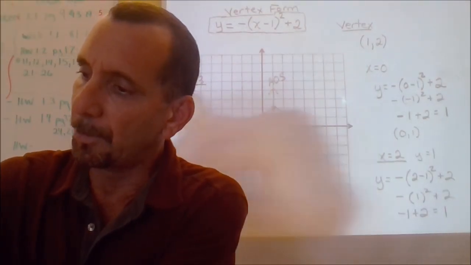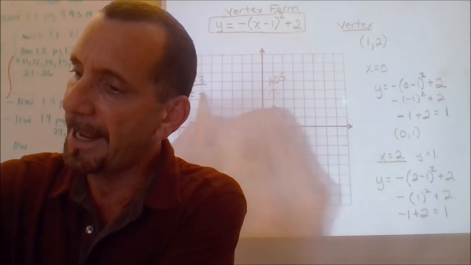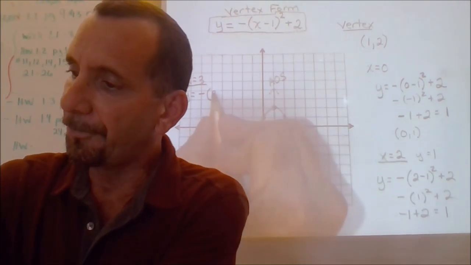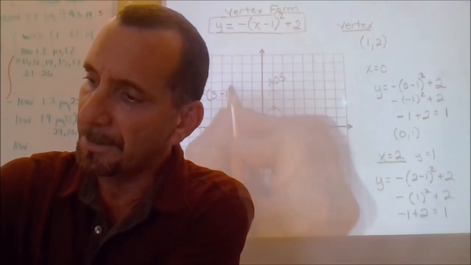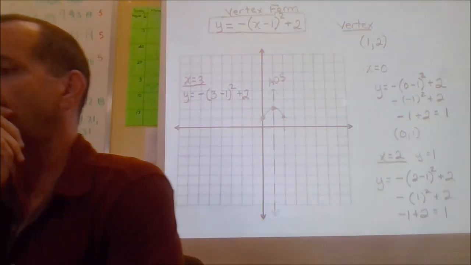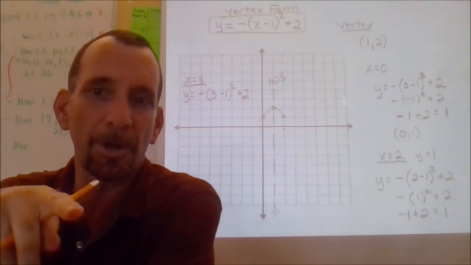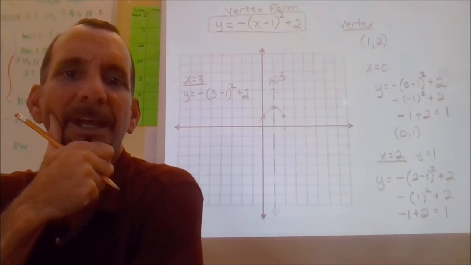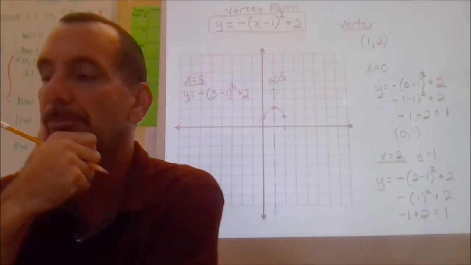y equals negative 3 minus 1 squared plus 2. I'm going to let you work it out, and then you tell me what happens when x equals 3.